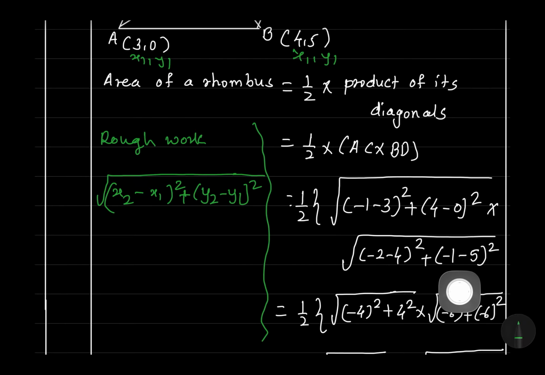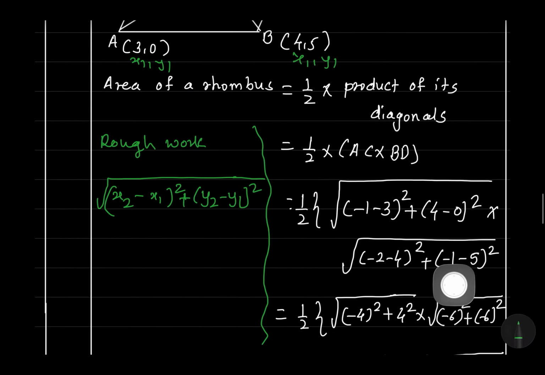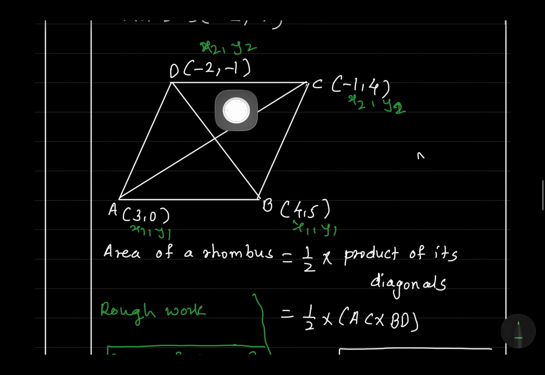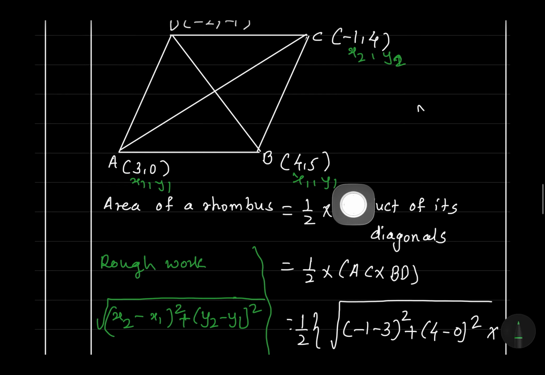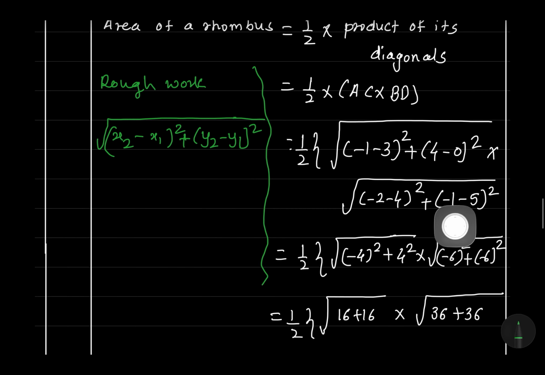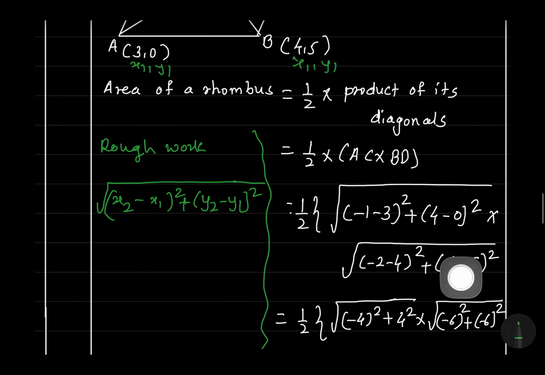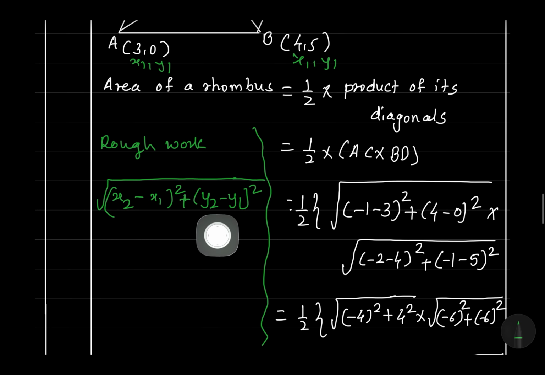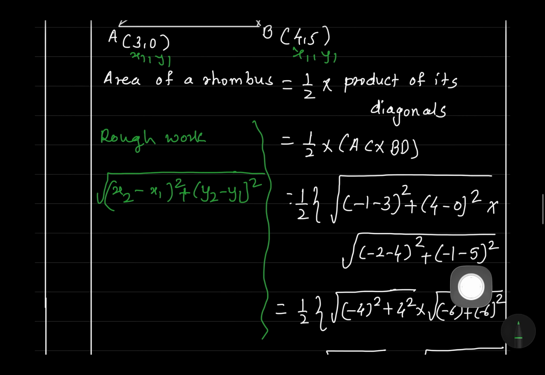Then plus in another bracket y2 minus y1. Y2 is minus 1 and y1 is 5. So minus 1 minus 5. This is subtraction. Here y2 minus y1, minus sign as it is, and y1 is 5.